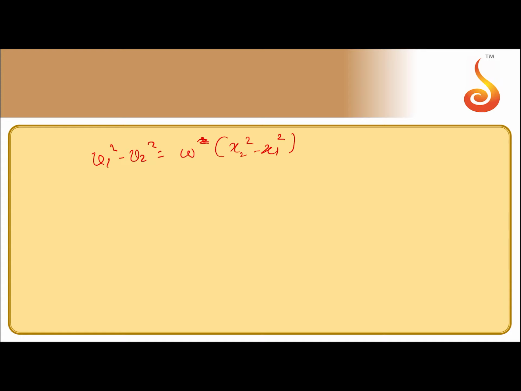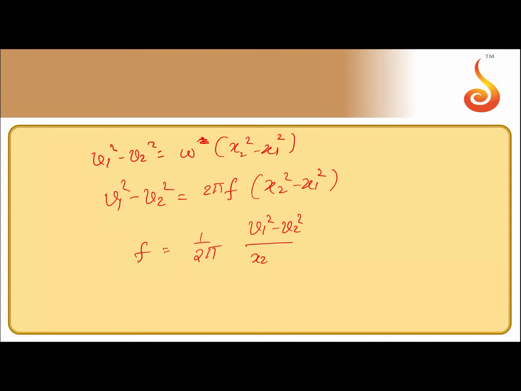Omega is 2 pi f, so f is equal to 1 by 2 pi into root of v1 square minus v2 square divided by x2 square minus x1 square. Right? Yes.